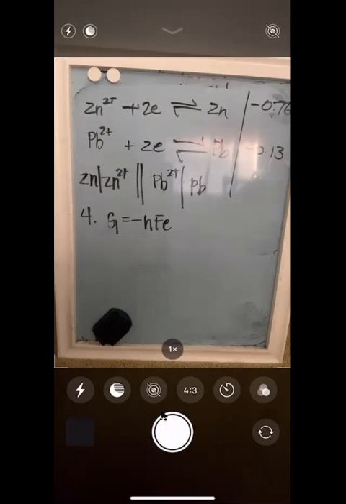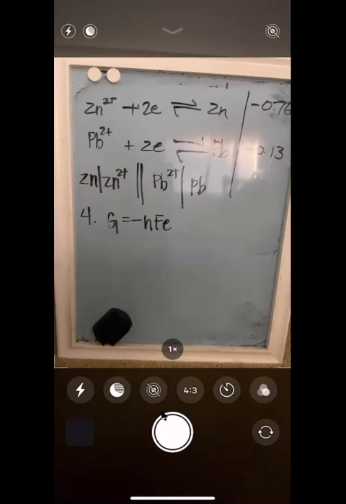But do we know our E, and do we know our n? Well, we know that E is essentially, let me put the equation for E. E is essentially going to be cathode minus anode, right?